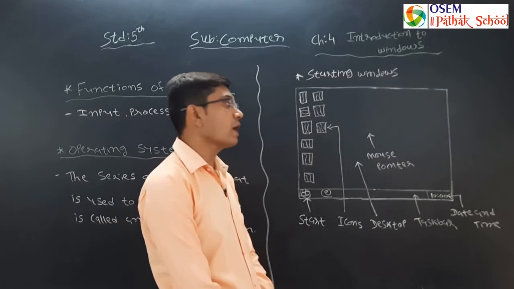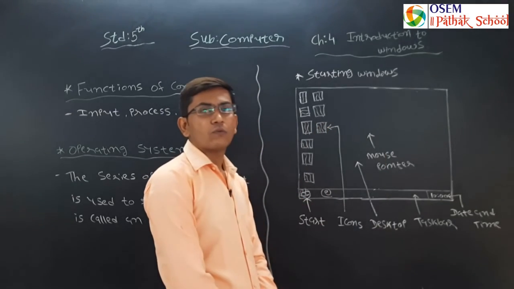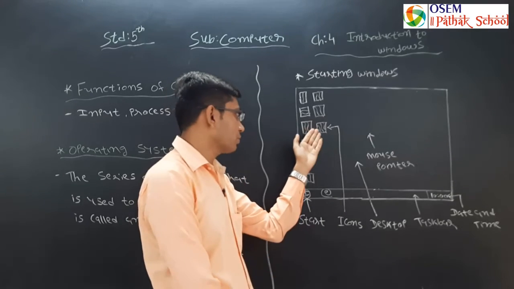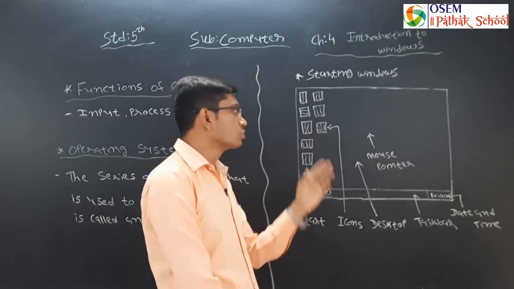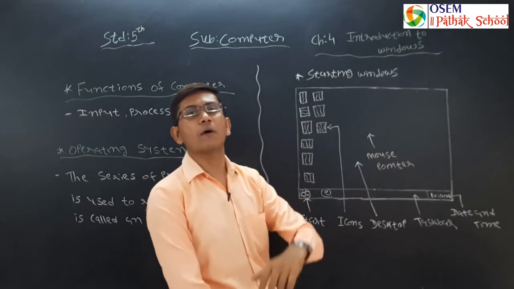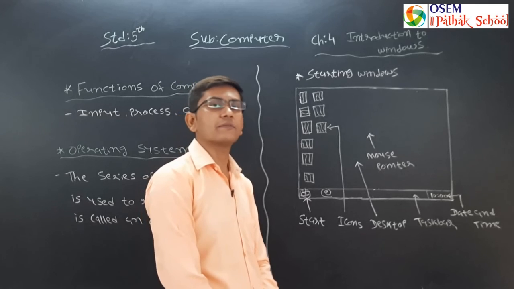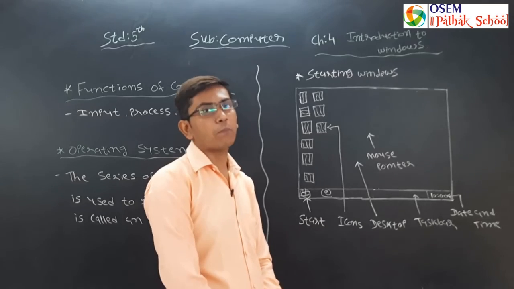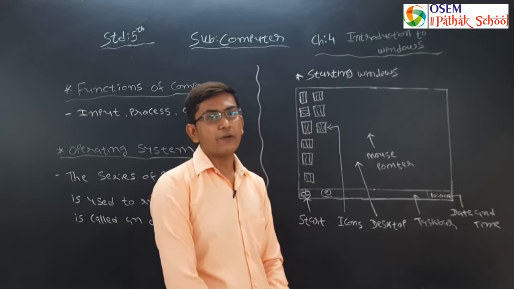If you want to move any symbol or icon from one place to another, first of all you have to left click your mouse on the particular icon. Without releasing, move the mouse to the next position, and after that release the mouse. So this action is known as dragging. In short, with the help of mouse and mouse pointer, you can perform different actions.